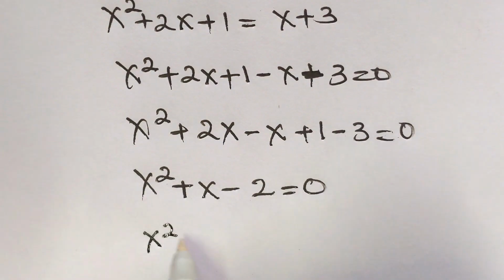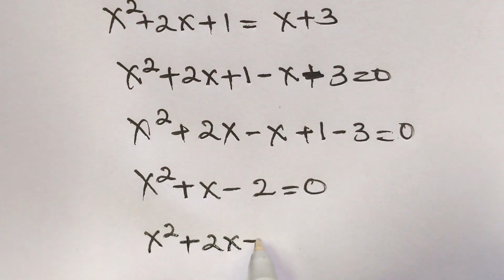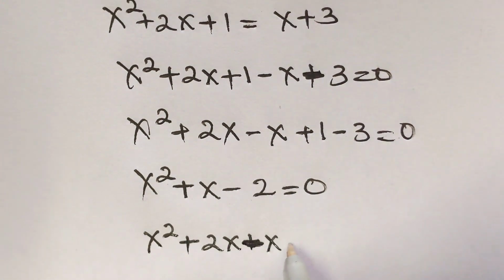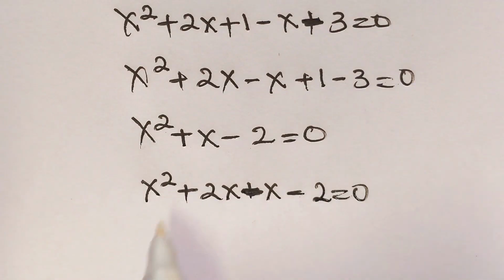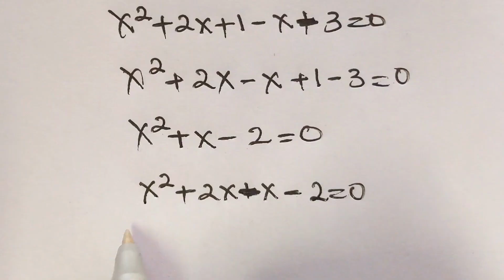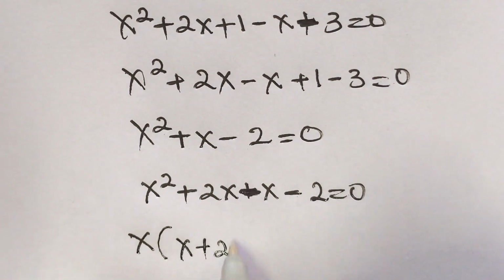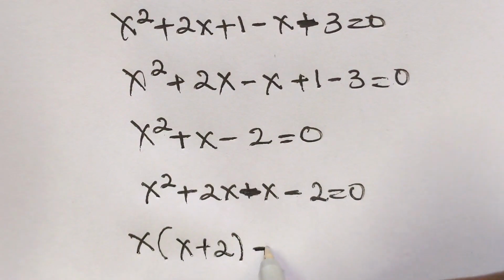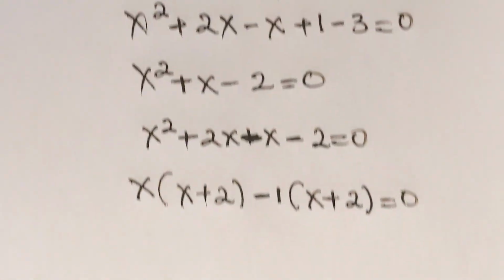So x squared plus 2x minus x minus 2 equals 0. We factorize x to get x plus 2, and factorize negative 1 to get x plus 2, equal to 0.